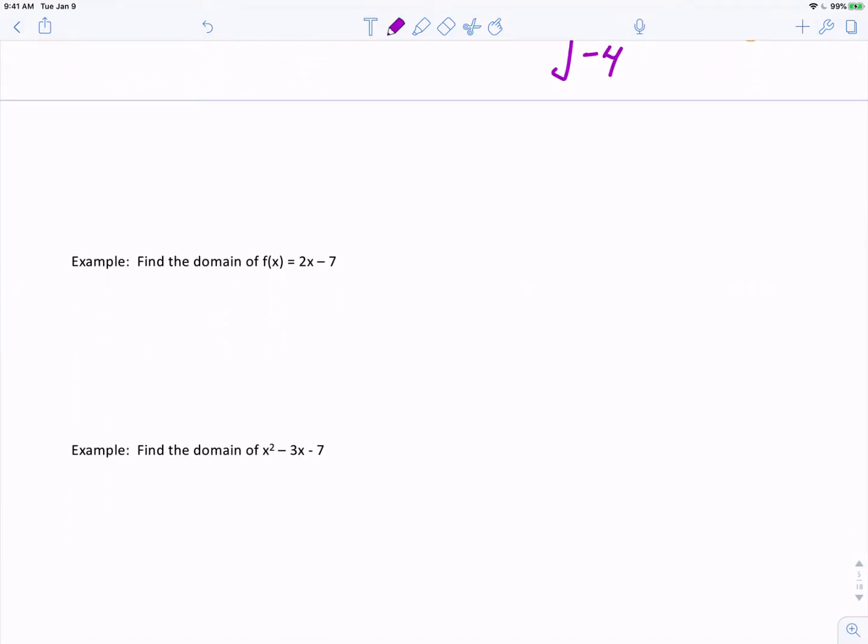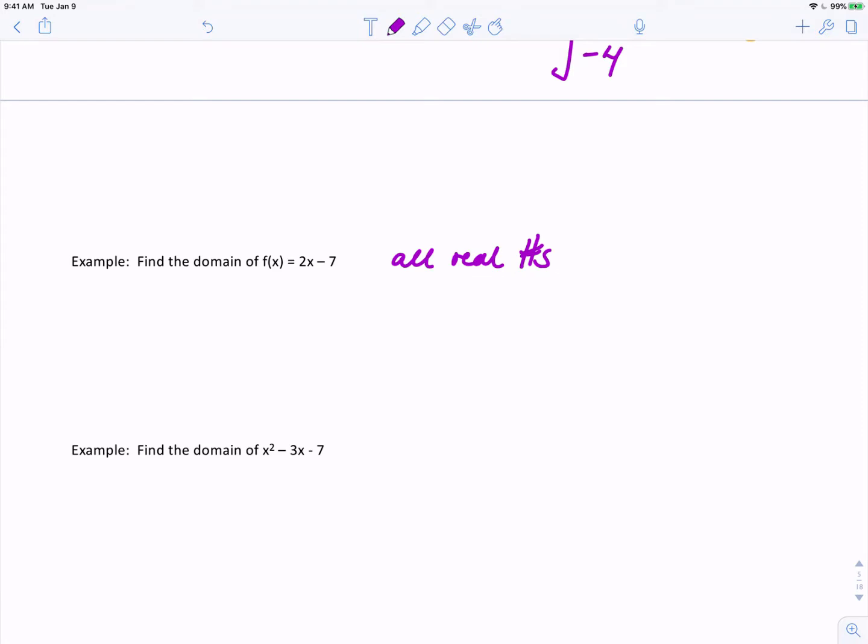Here, find the domain of f(x) = 2x - 7. Is this a rational function? No. Is it an even root function? No. So the domain is all real numbers. Another example. Find the domain of x² - 3x - 7. Is this a rational function?